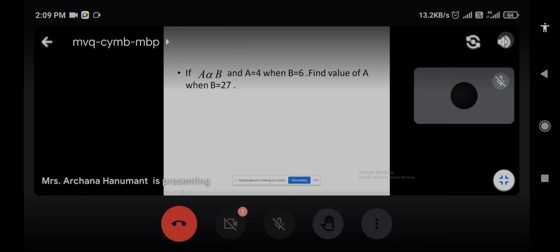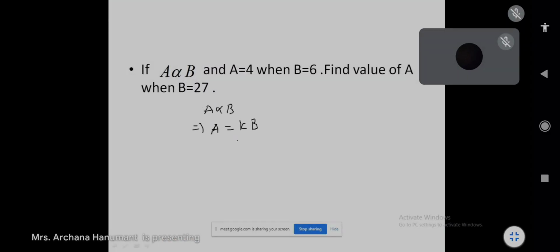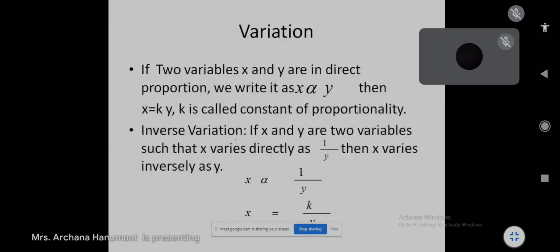To find this value, here given is a is proportional to b, which implies that a is equal to k into b. This is the definition of variation we already learned. Here x is proportional to y, then you write x is equal to ky.